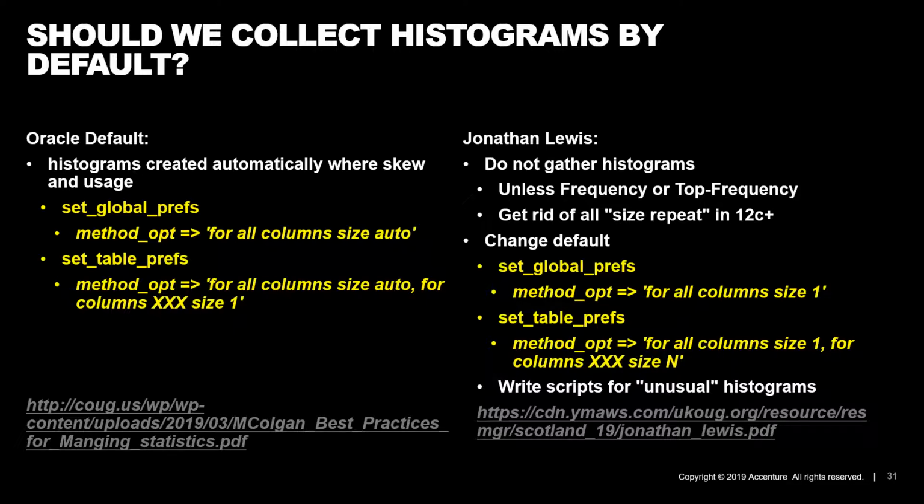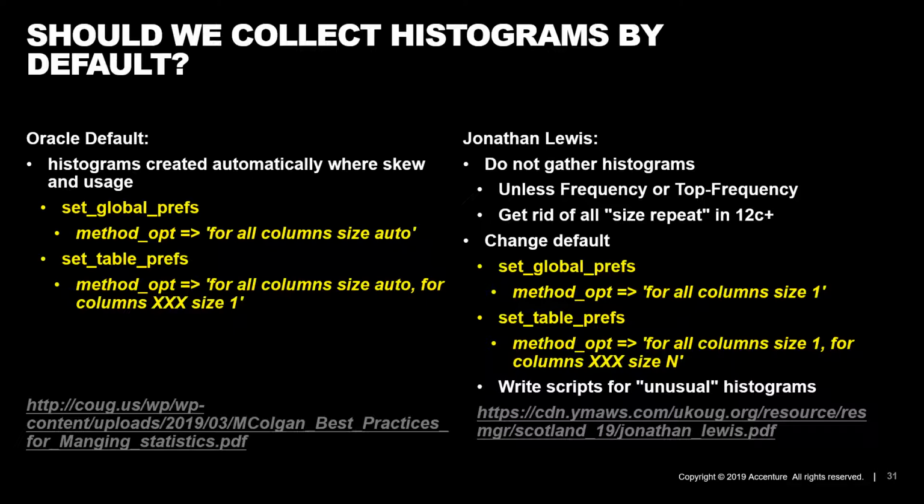In other words, don't collect histograms at all, but manage by exception so that where you do want a histogram on a particular column, you set a table preference and you specify the bucket size. And if that doesn't work for you, you'll have to write scripts to manufacture unusual histograms.